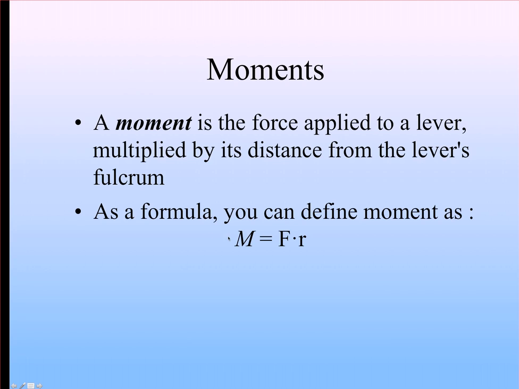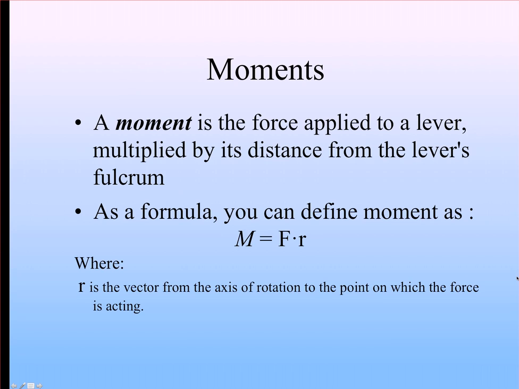And so we can define a moment, M being the symbol for moment, equaling a force times r, which is the distance from the fulcrum or the point of rotation to the place where the force is applied. And so r is the vector from the axis of rotation to the point on which the force is acting, and F being the component of the force vector acting perpendicular to r.